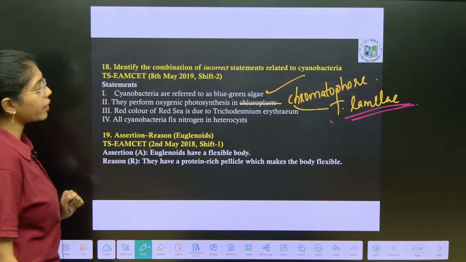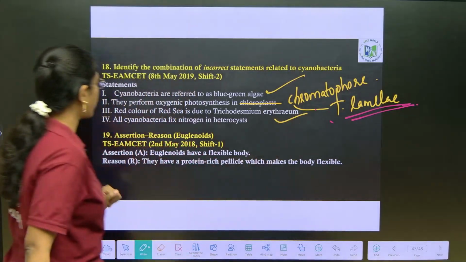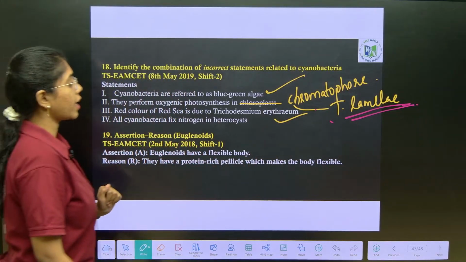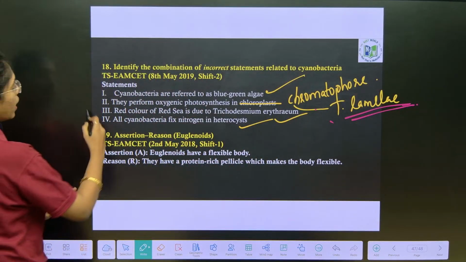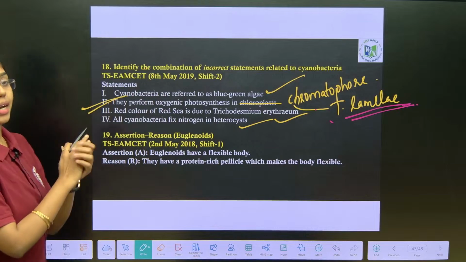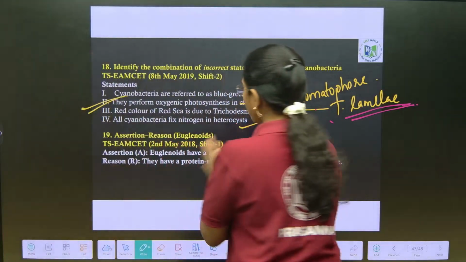Next, the red color of the Red Sea is by Trichodesmium erythraeum, correct. All cyanobacteria fix nitrogen in the heterocysts, true. So, the incorrect statement of cyanobacteria is what? Option 2.